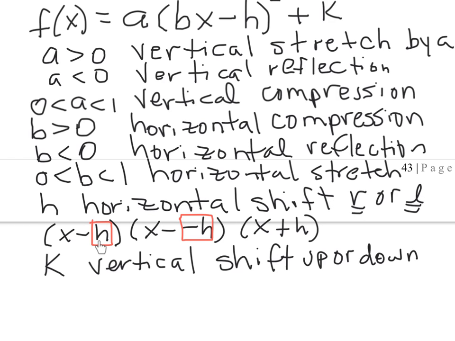Okay, and remember why. The reason is because H is really positive here. This is minus a positive. This is minus a negative. So keep that in mind. This really tells you which way it's going for real. Okay, and this is x plus h. All right, this actually means x minus a negative h. All right, so then we have K, which is a vertical shift up or down, and that's basically all of the transformations that we're going to do.